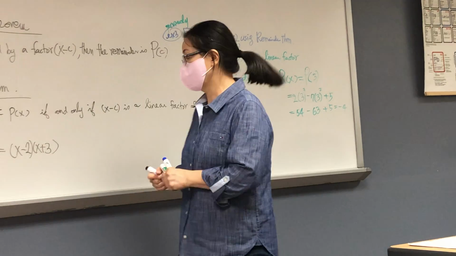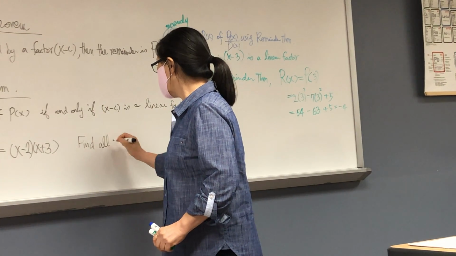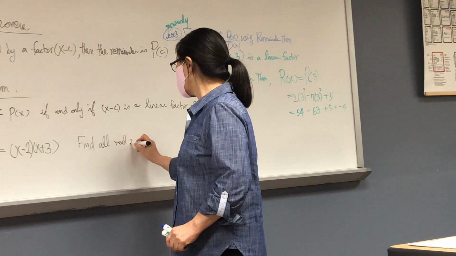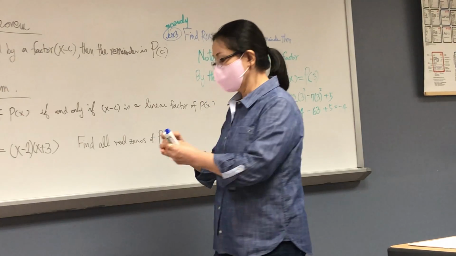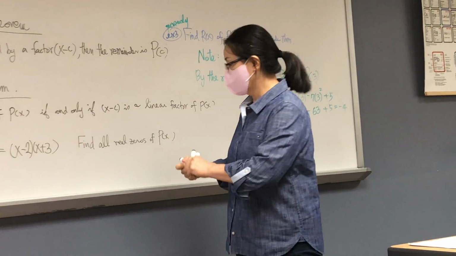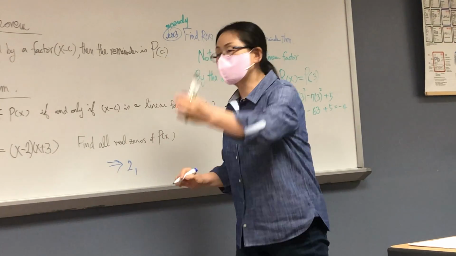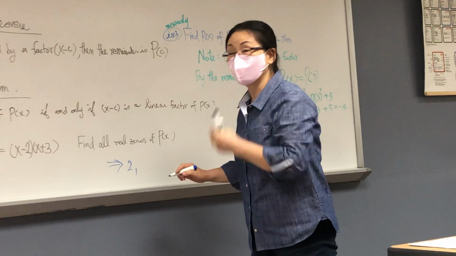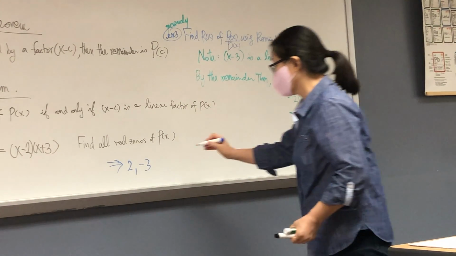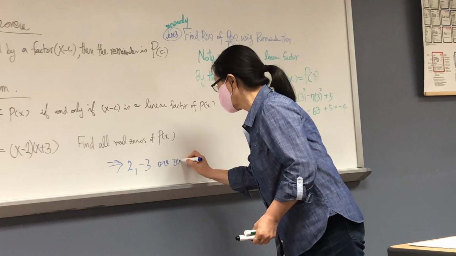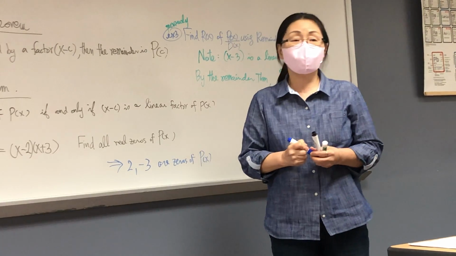So here, find all real zeros. What is your answer? 2 and -3. Good job. Don't say x minus 2 and x plus 3. These are the zeros, yes? You understand? A baby example.